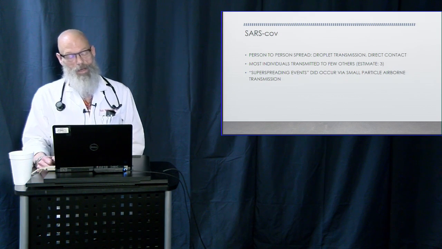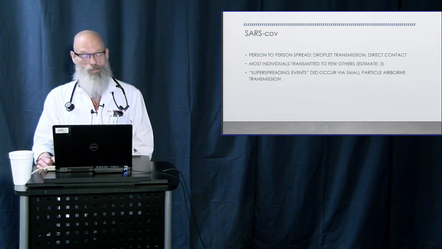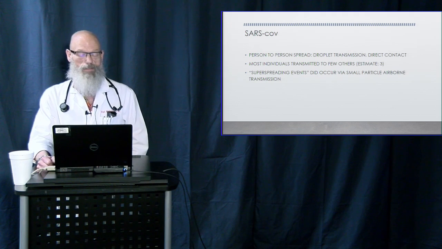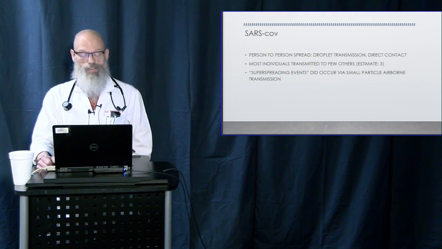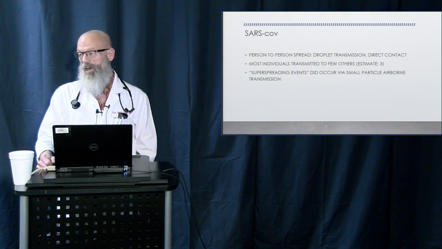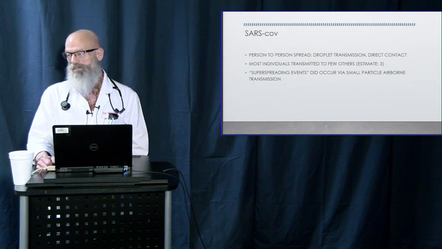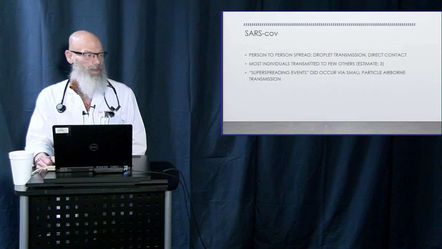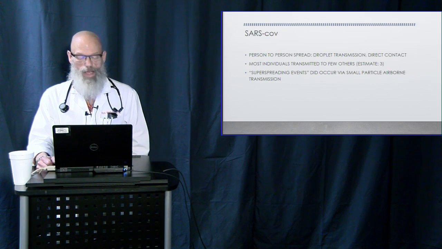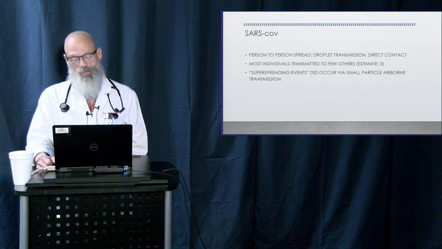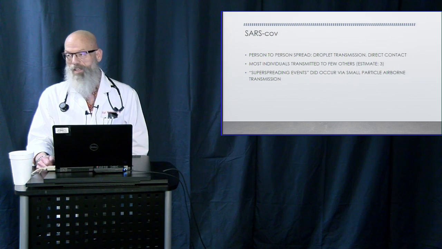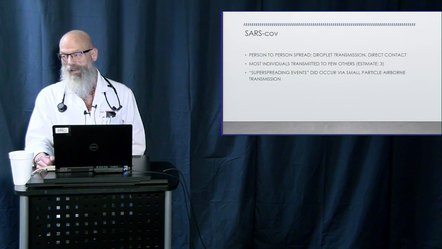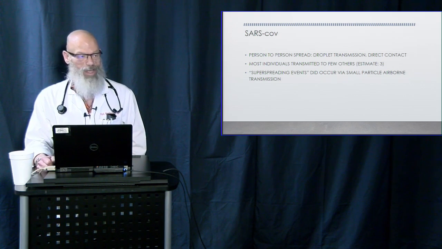Back then, in the 2002-2003 original SARS coronavirus outbreak, most individuals transmitted to very few others, an estimate of 3 people. If you read about that outbreak, you're going to read about super spreading events. And super spreading is something I've heard again with this ongoing outbreak.